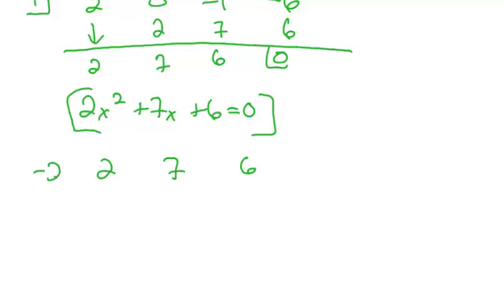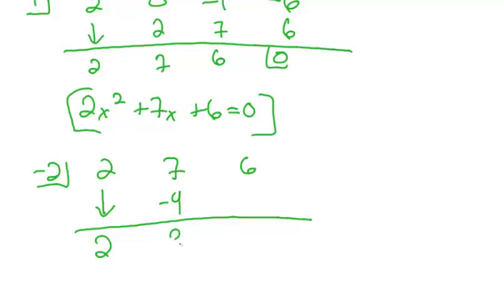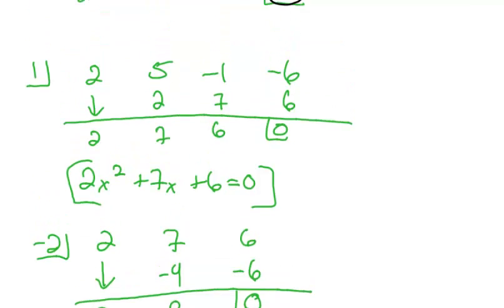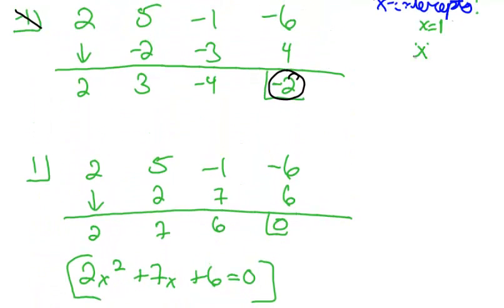And I'm going to use a negative 2. So I'm going to bring the 2 straight down. Negative 2 times 2 is a negative 4. 7 minus 4 is 3. Negative 2 times 3 is negative 6. 6 plus negative 6 is 0. So negative 2 is also an x-intercept.